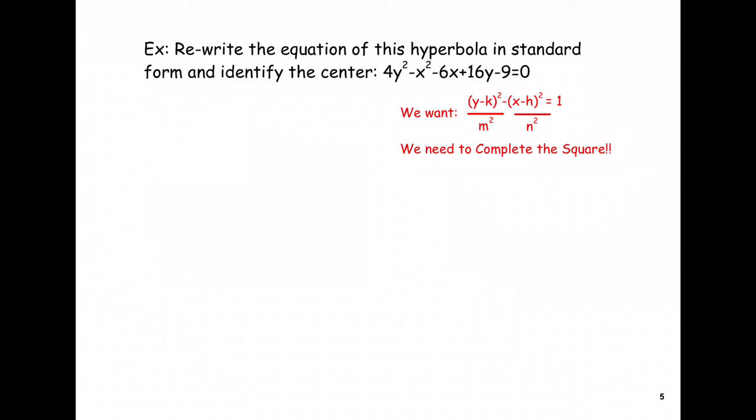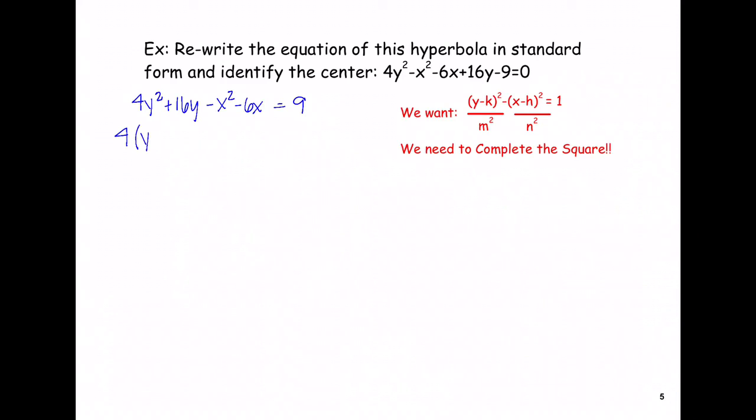The next example says rewrite this equation of the hyperbola in standard form and identify the center. So we have 4y squared plus 16y minus x squared minus 6x is equal to positive 9 when we move that over. Notice our y and our x is now negative, still is a hyperbola.